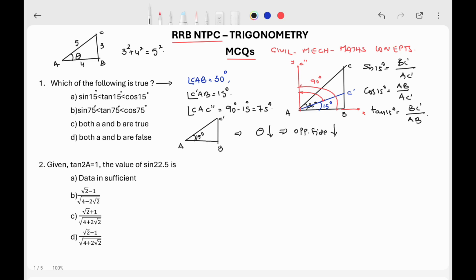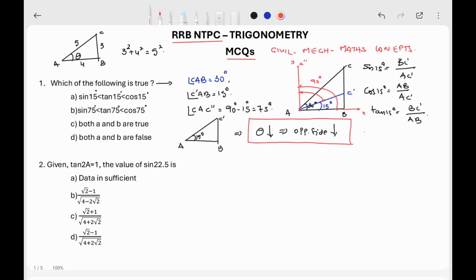An arrow downwards means reducing. This principle you keep in mind. This is for thetas less than 90. I am not talking about negative values of theta and beyond 90 degrees. Because we are asked to find the angles 15 degrees and 75 degrees, we have to find the relation which is below 90. When theta reduces, the opposite side reduces.